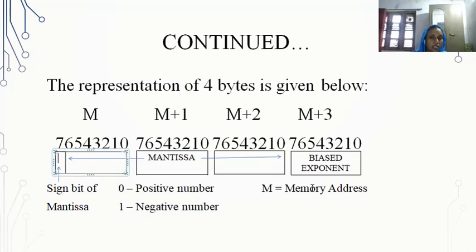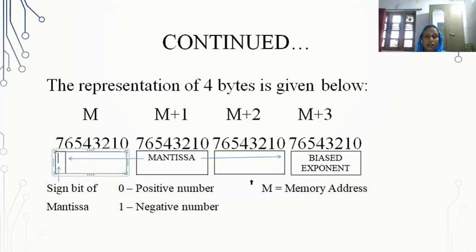Okay, hope that you understand what we have done here. Our processor has 32-bit capacity, so it needs 4 bytes of memory. To represent the floating point number in a 32-bit processor, the device uses 4 consecutive memories.